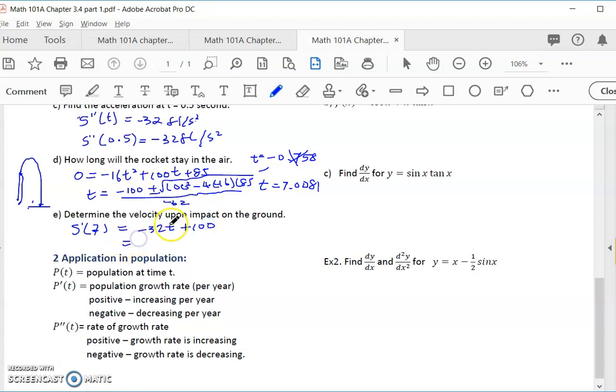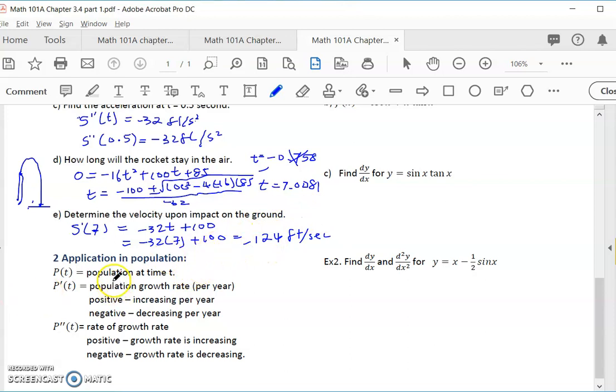And then at 7 it is negative 32 times 7 plus 100. What would that be? So it should be going down. Negative 32 times 7 plus 100 is equal to negative 124 feet per second. When it reaches the ground, the velocity is negative 124 feet per second.